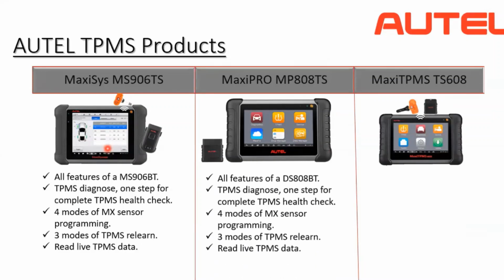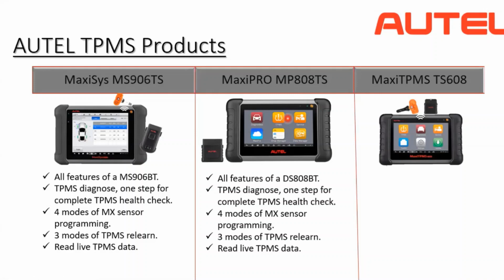The other tool is the Maxi Pro MP808TS. As you can see, there is TS at the end of both names. If you see TS and a red and yellow logo on the right corner of the screen, that means the tool is equipped with the TPMS service functions as well.